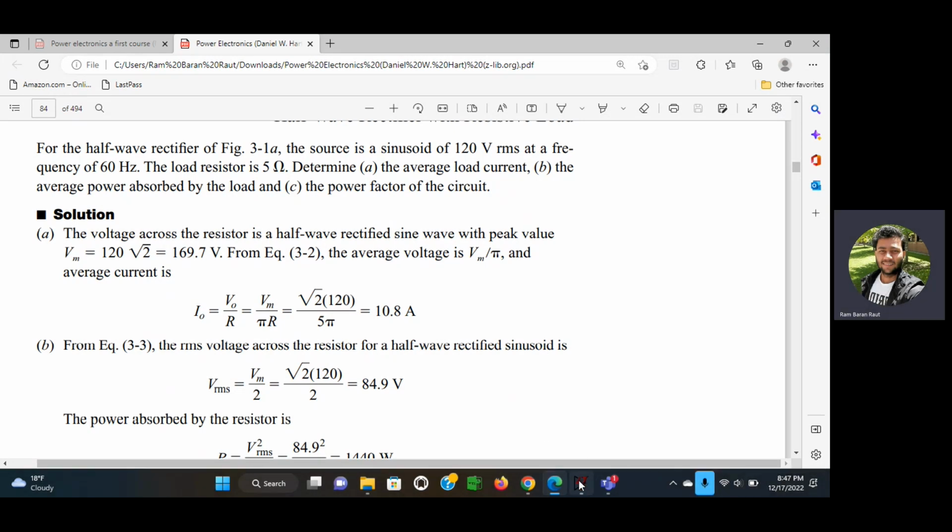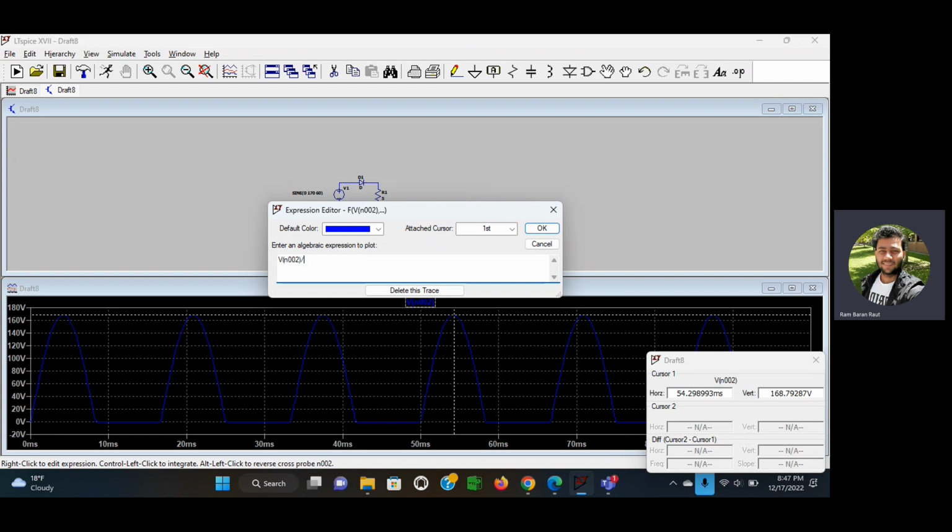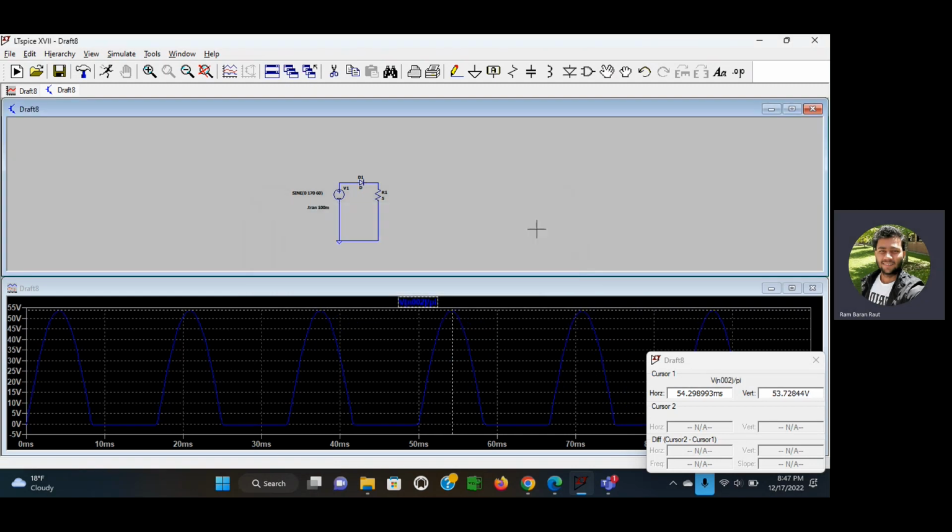for this question will be fulfilled. So let's go over here to LTspice. The voltage right now is 168.79. So we need to change this voltage. We need to divide by pi. So I'm just dividing by pi to get the output voltage, the average voltage of this rectified sinusoidal voltage. Right now I'm getting 53.728 volt.